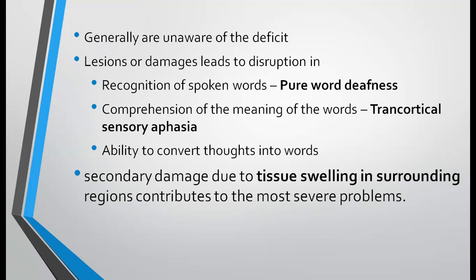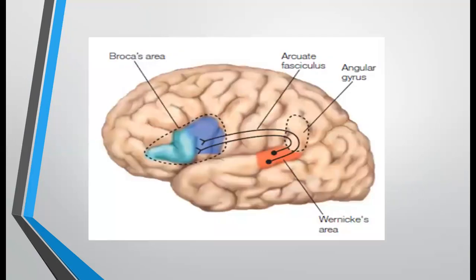The secondary damage due to tissue swelling in the surrounding regions contributes to the most severe problems too. Here is a pictorial representation where you can see Broca's area and Wernicke's area, and how they are connected. All this explanation will be part of the other types of aphasias that we will discuss in the next video.